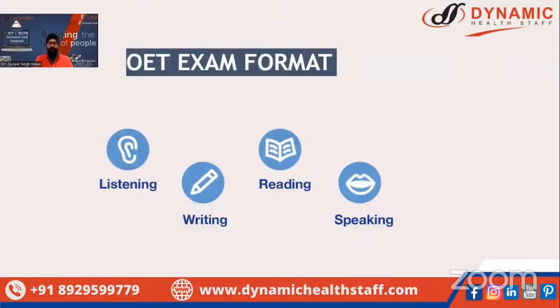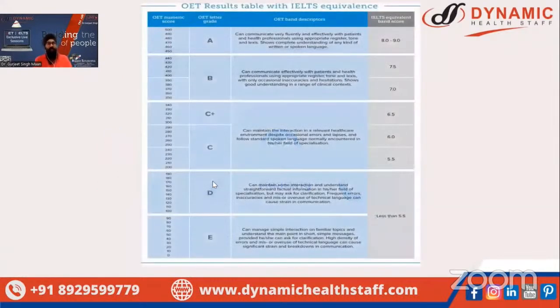Your exam will be divided into four parts: listening, reading, writing, and speaking. These four are the basic things to keep in mind, because they are all responsible for communication. Whenever we communicate with any person, these four basic skills are required.